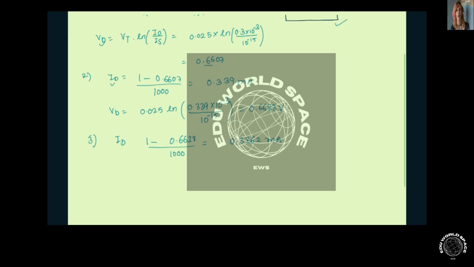Now calculating VD for this, we have again the same formula, 0.025 ln of 0.3362 into 10 raised to minus 3, since it is milliamperes, divided by 10 raised to minus 15, and this gives us 0.6635. If we see here, this value is approximately the same as our previous value 0.6638.